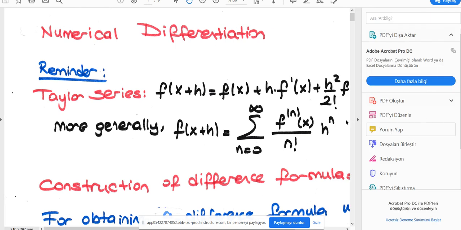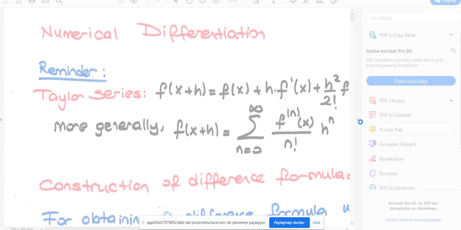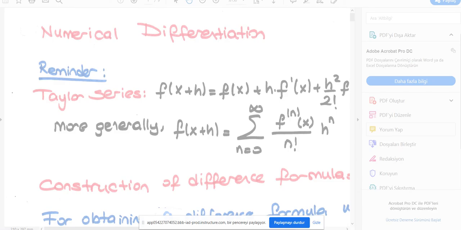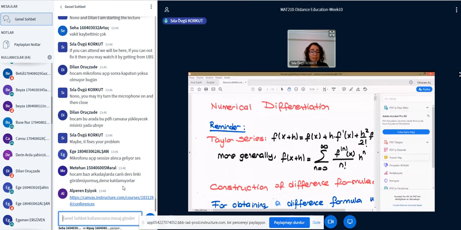When we are considering the Taylor series, I can write f of x plus h, f of x plus h times f prime of x, plus h squared times f double prime of x. Oops, not responding. My computer is broken now, I think. It's locked. Could you hear me, everyone?